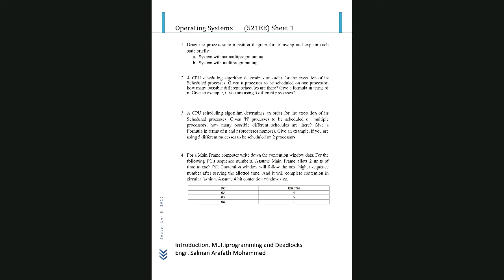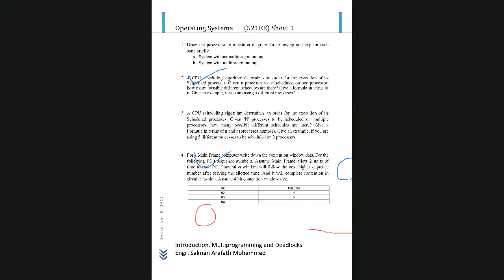So we just finished the first problem and second problem also. So we solved it for 5. The answer was given as with 5 processes, it is 120 schedules. Now let us solve the third problem. Now the third problem is very simple. Here he has given n number of processes.